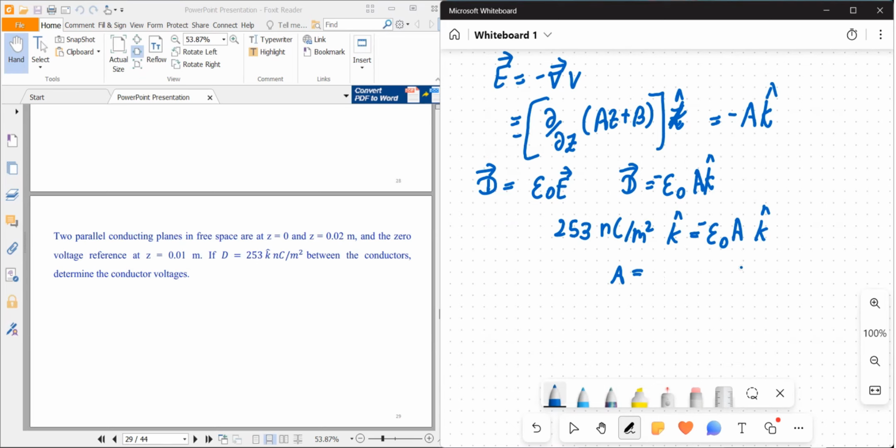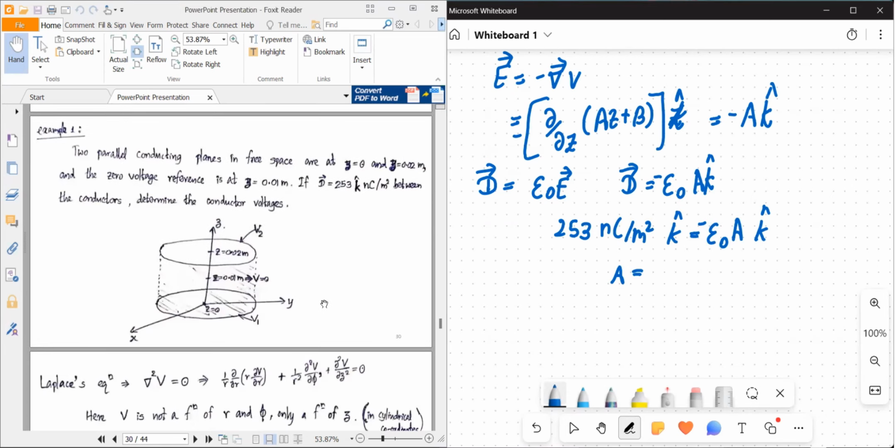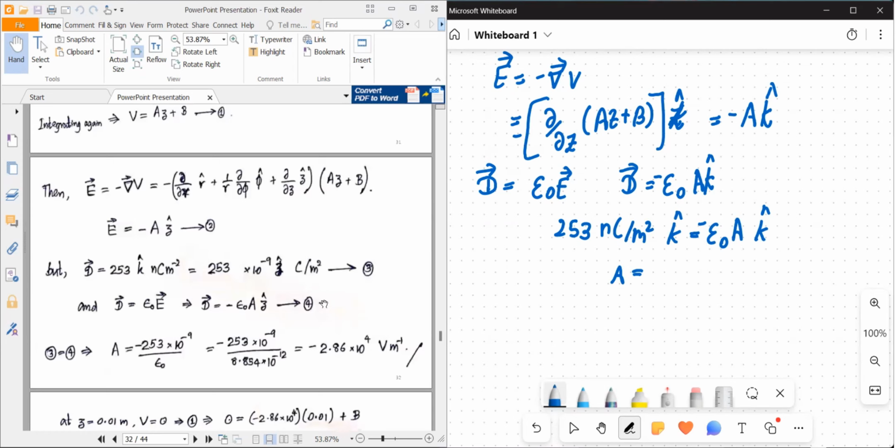Now epsilon naught is the permittivity of free space, and the epsilon naught value is given here. If you do this calculation correctly, the value you should be getting is minus 2.86 times 10 to the power 4 volts per meter.